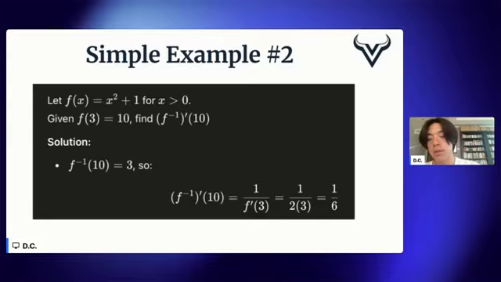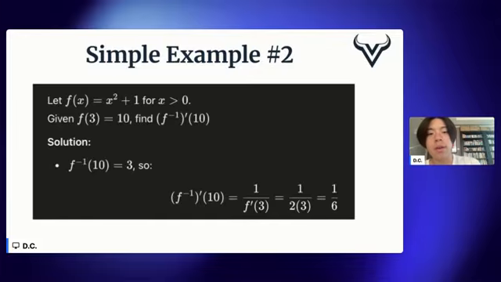Since we know the inverse of f at 10 is 3, because the equation basically tells you that, the derivative is 1 over f prime of 3. The derivative of f of x is 2x, so plugging in 3 gives 2 times 3, which is 6, resulting in 1 over 6.